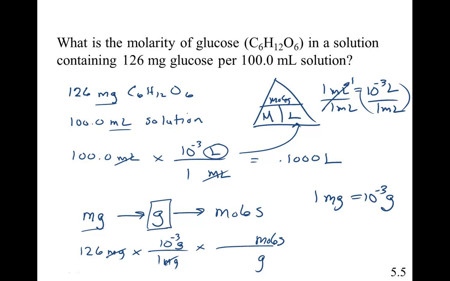And we've talked about molar mass before. We assume we have 1 mole of the compound C6H12O6, glucose, which means that we have 6 moles of carbon, 12 moles of hydrogen, and 6 moles of oxygen.